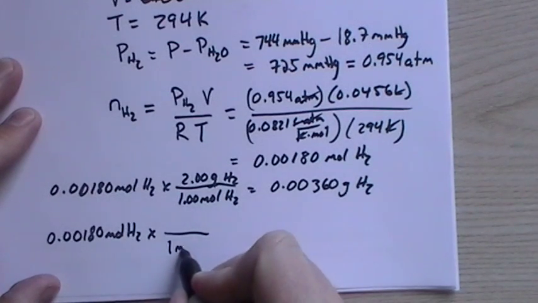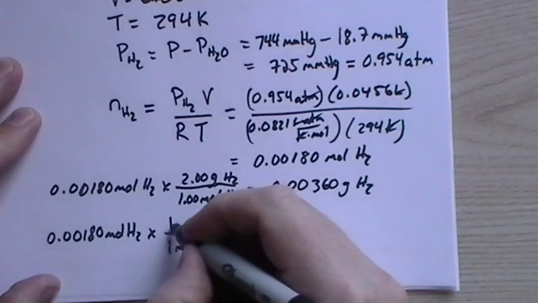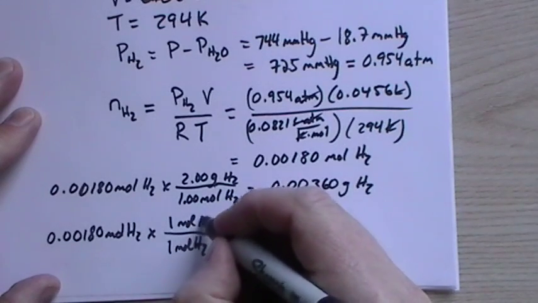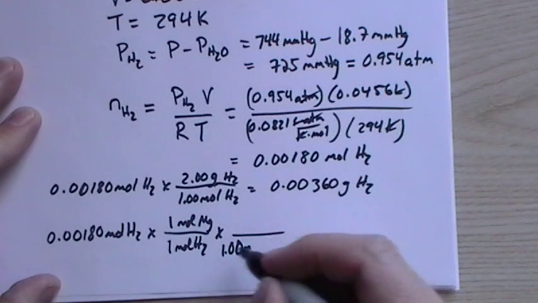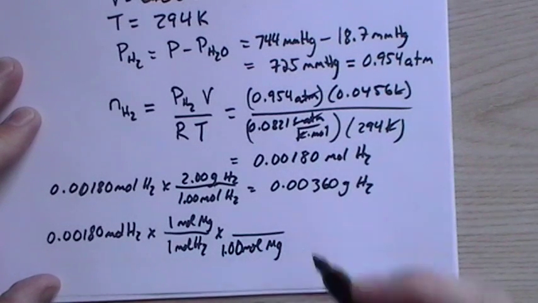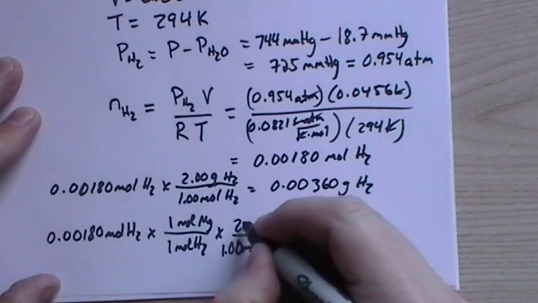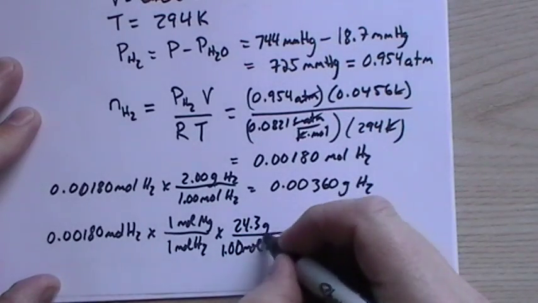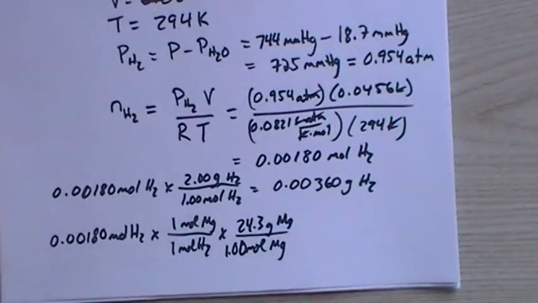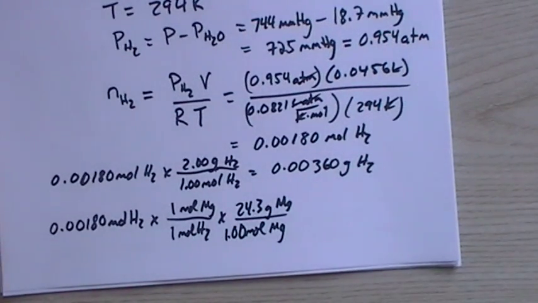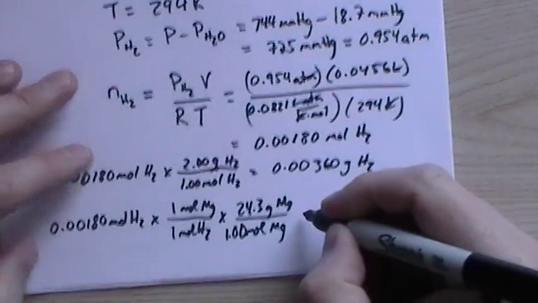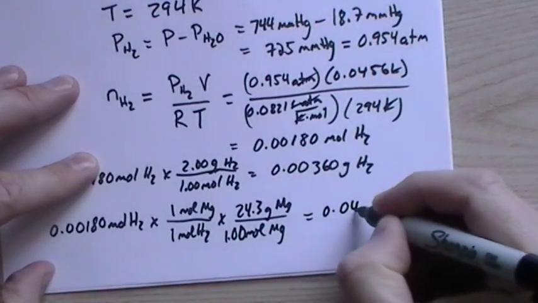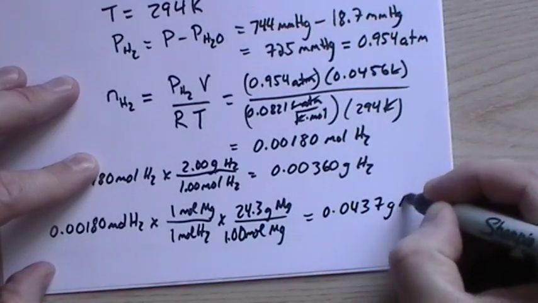So 1 mole of hydrogen gas is produced when 1 mole of magnesium reacts. 1 mole of magnesium, put in the 3 significant figures because now we're dealing with something that is not an exact number. Just double check that. Yep, and sure it's on the page. 0.0018 times 24.3, and we end up with 0.0437 grams of magnesium.